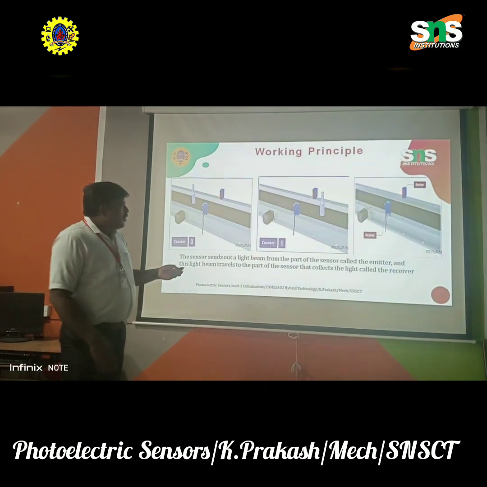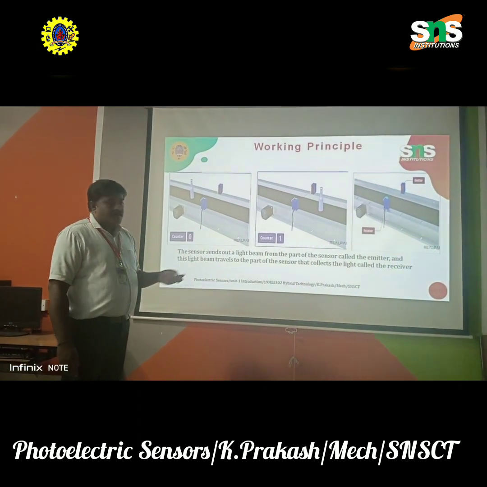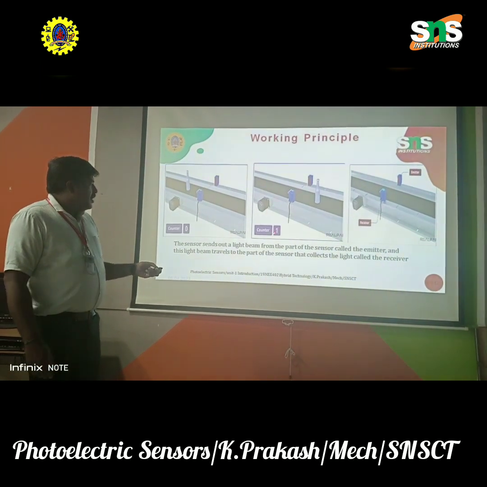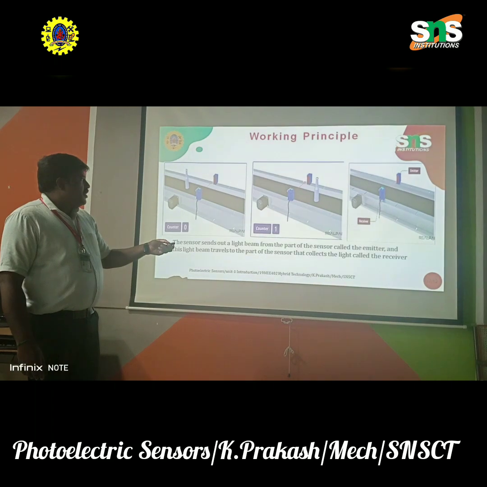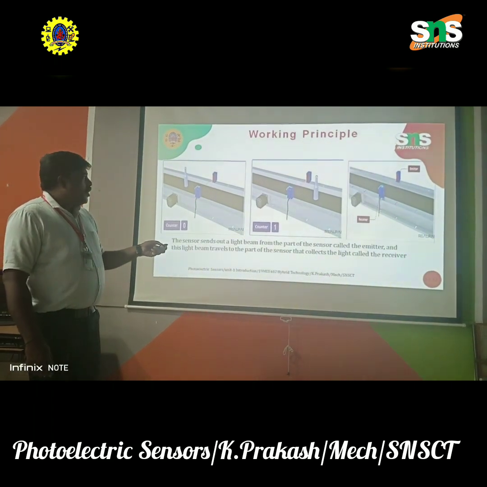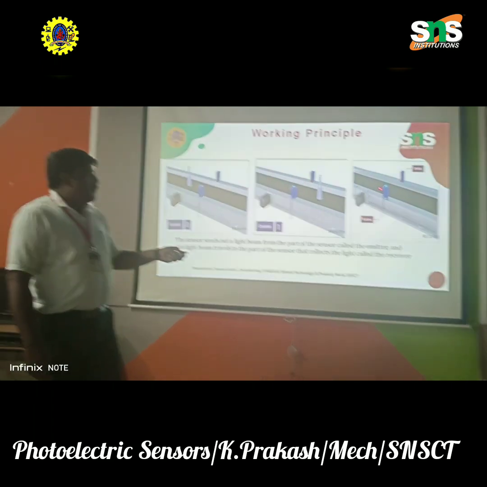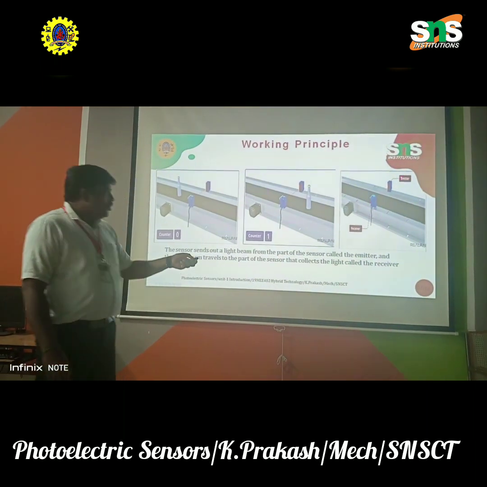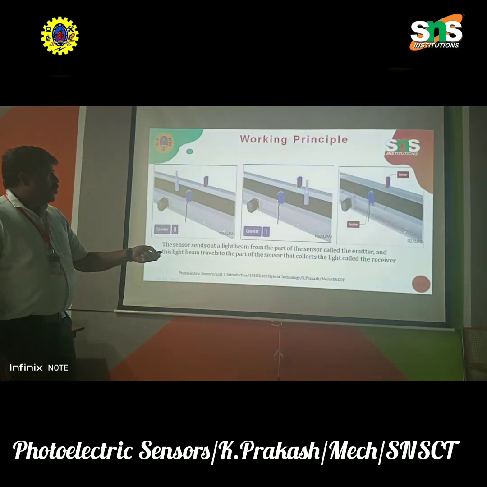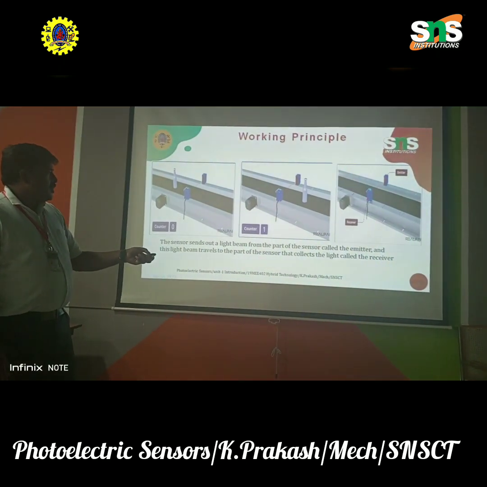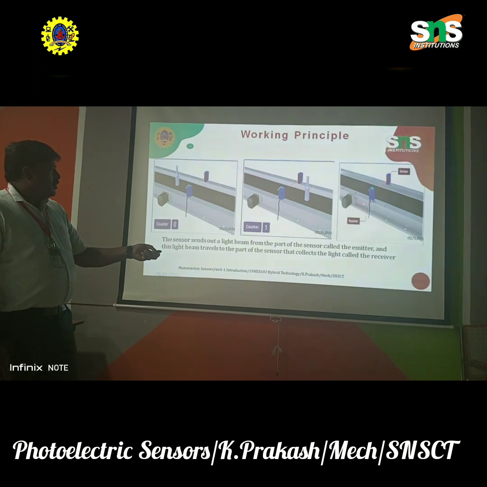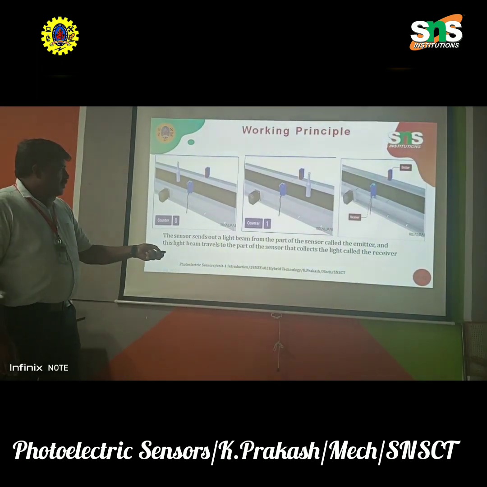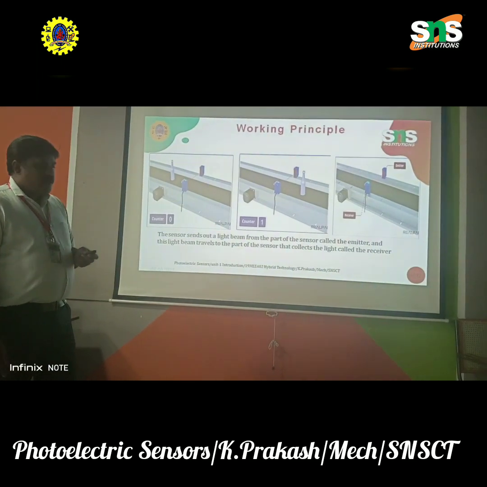Whatever the speed may be, or whatever the number of products passing, it will count all of them, and we can get these values automatically when they pass the sensor. How is this happening? It is happening with the help of an emitter and a receiver. The emitter is where the light source is set, and the receiver receives the light, and then it is converted into a digital signal.